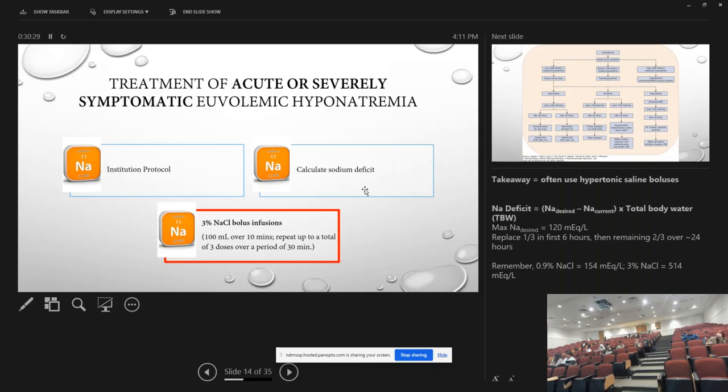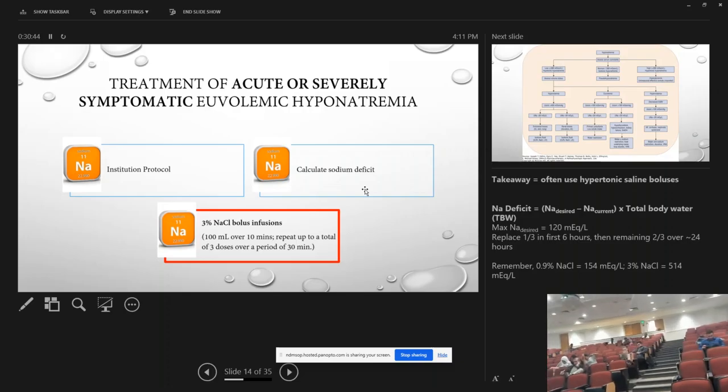If you're to treat someone with hypertonic saline, this is a more common regimen: 100 mL of 3% sodium chloride bolus over 10 minutes. Repeat up to a total of 3 doses over a period of 30 minutes. That's generally what most people are going with nowadays.